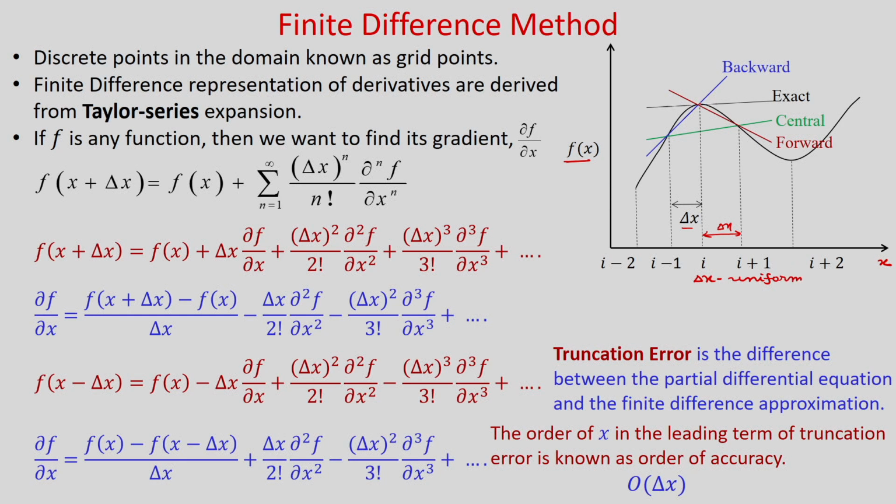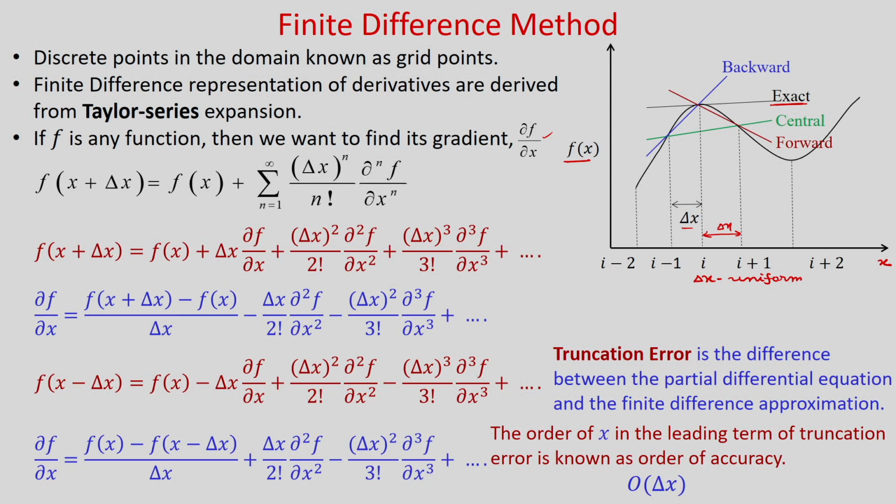Now, if you want to find the derivative of f at this point, you just draw one tangent. That is the exact determination of this derivative. This tangent will give you del f by del x.